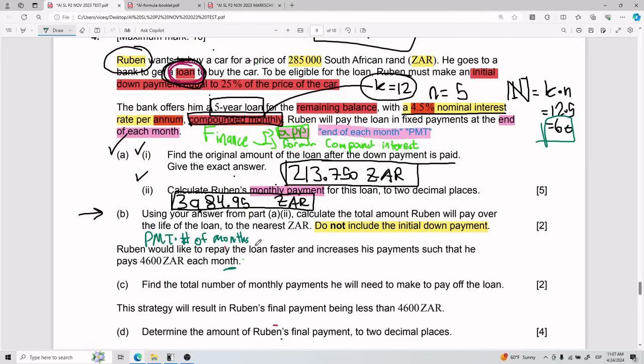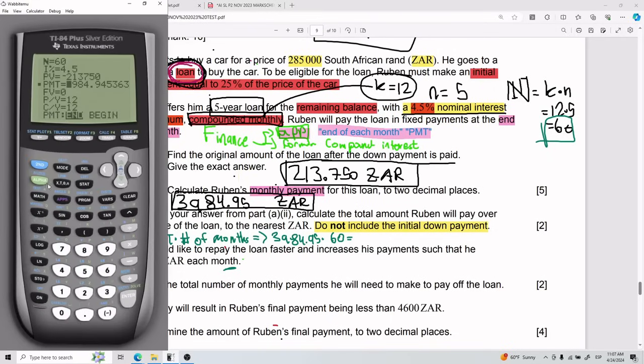And here you would be using your answer from part A double I, so 3984.95 times 60, which is your number of months. If you go ahead and do that, you will end up with 3984.95 times 60. There it is.